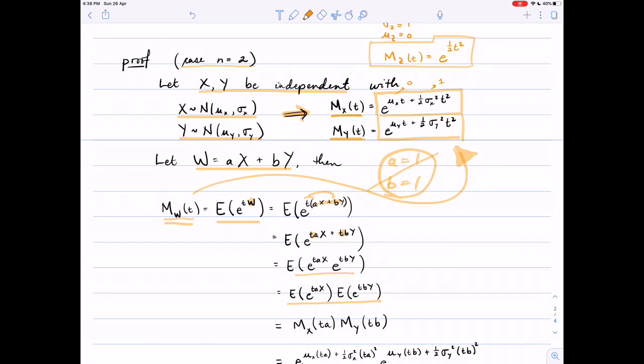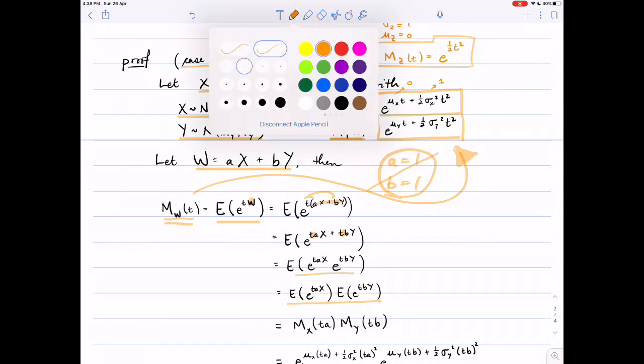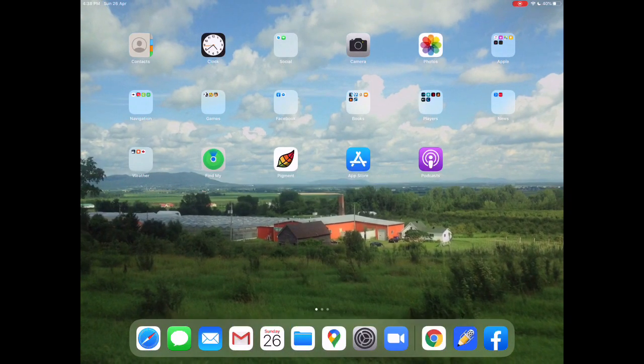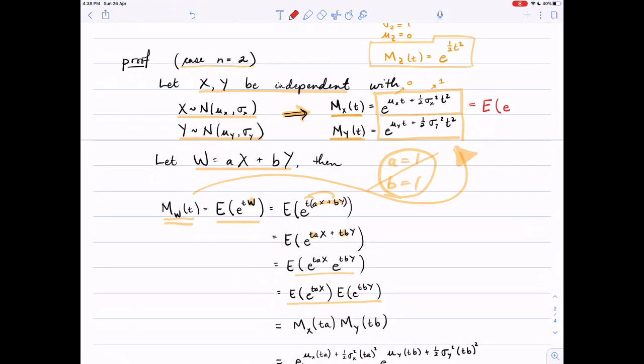And now we're going to use a little trick that, well, it's not much of a trick, it's just true. But we haven't done this before, so I'm going to explain it a little bit more carefully here. The moment generating function for X, by definition, is the expected value of e to the tX.